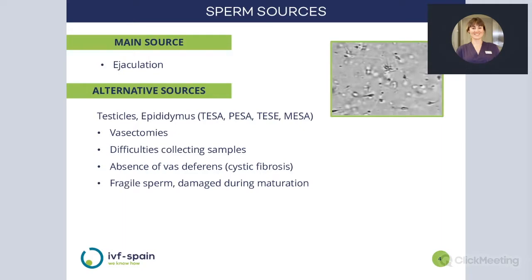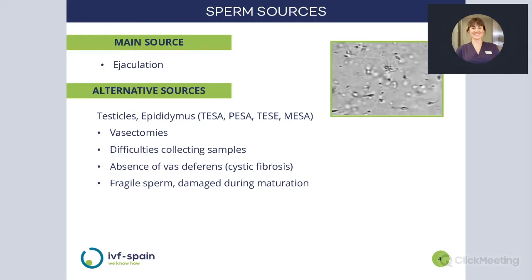On the other hand, something else that might be helpful to know for some patients is that there are alternative sperm sources to the main source, which is obviously ejaculation. So for some patients, it might be preferable or necessary to use alternative sources.